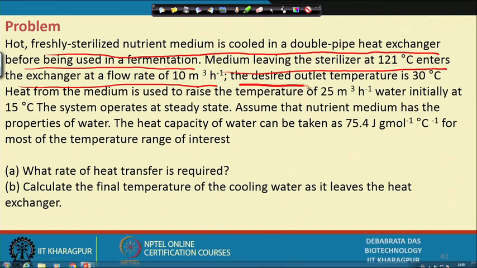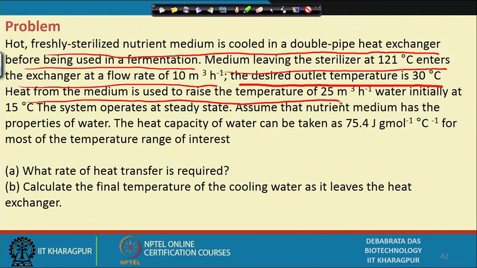The desired outlet temperature is 30 degrees centigrade, and the heat from the media is removed by 25 cubic meters per hour of water initially at a low temperature. So, this chilled liquid is used to cool down the media to 30 degrees centigrade.